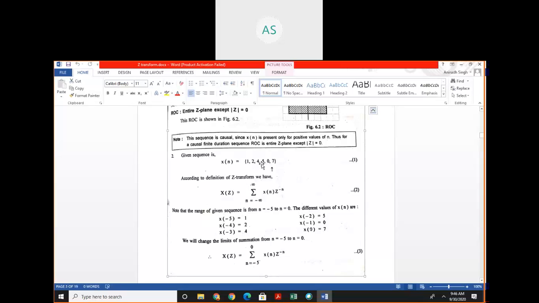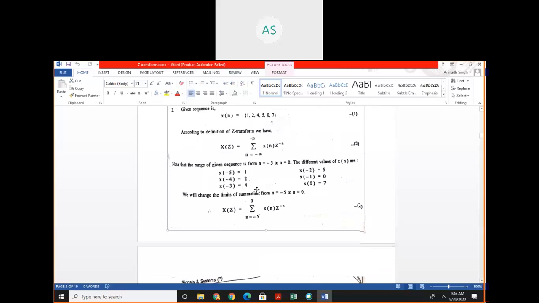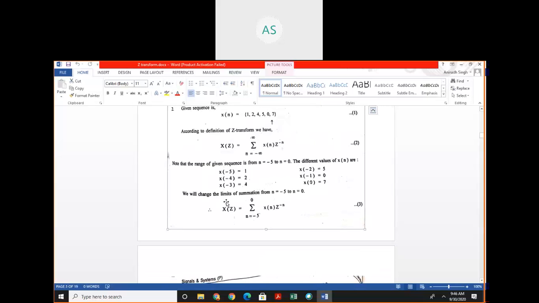Different values of x of n are: x of minus 5 is 1, x of minus 4 is 2, x of minus 3 is 4, x of minus 2 is 5, x of minus 1 is 0 and x of 0 is 7.